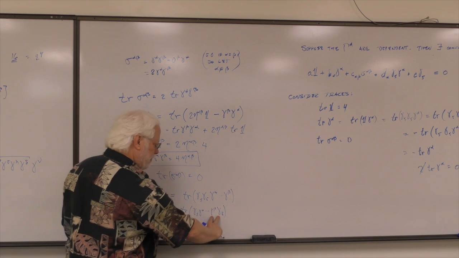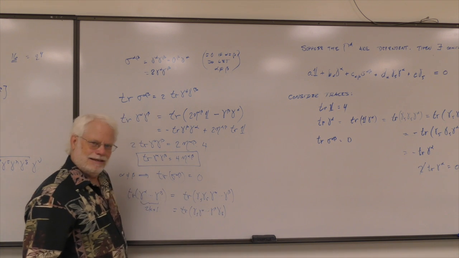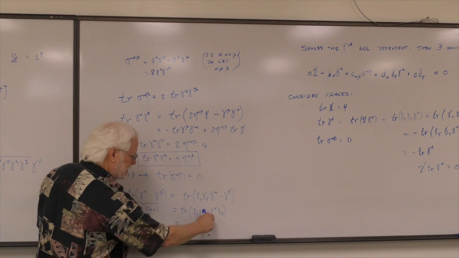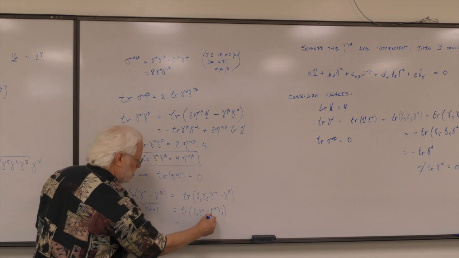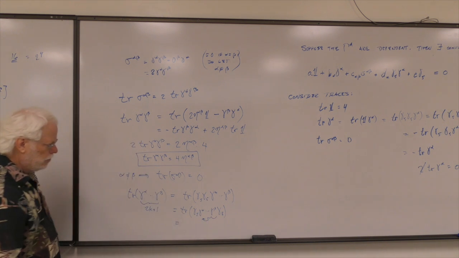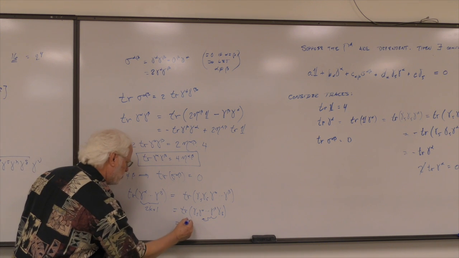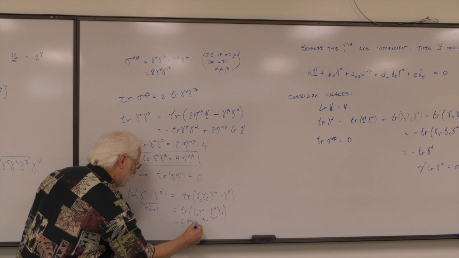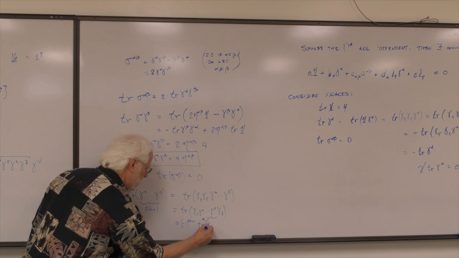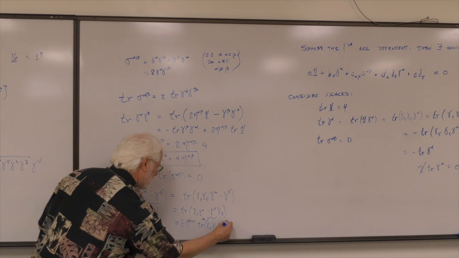And now, because gamma 5 anti-commutes with any of these gamma betas, I'm going to get a minus sign each time it passes. So I'm going to bring this through all 2k plus 1, and it's going to give me minus 1 to the 2k plus 1 times the trace of this gamma 5 times that gamma 5 times gamma alpha through gamma beta.